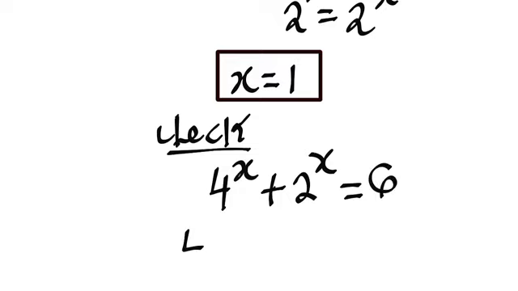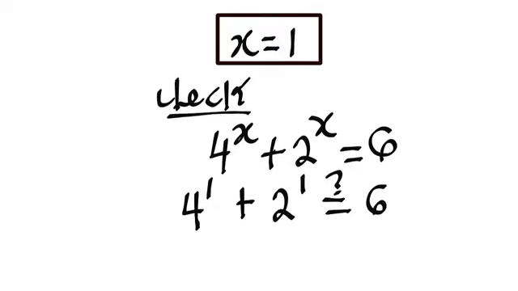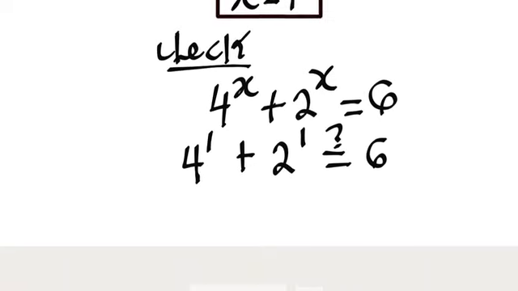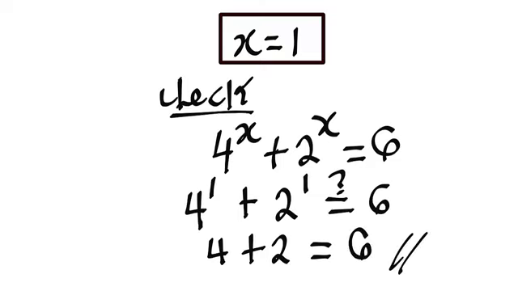So now if x is 1, will this one give us 6? So you see that we have 4 to the power of 1, we have this to be 4 plus 2, which is the same thing as 6. So that's that.